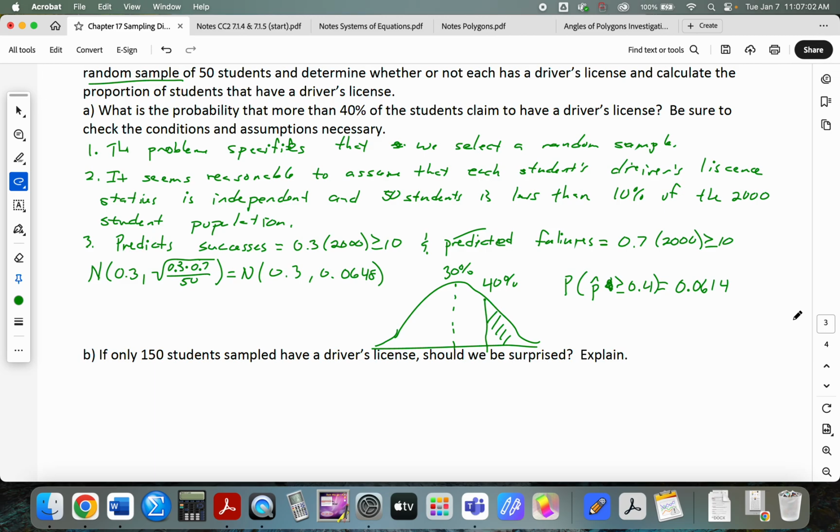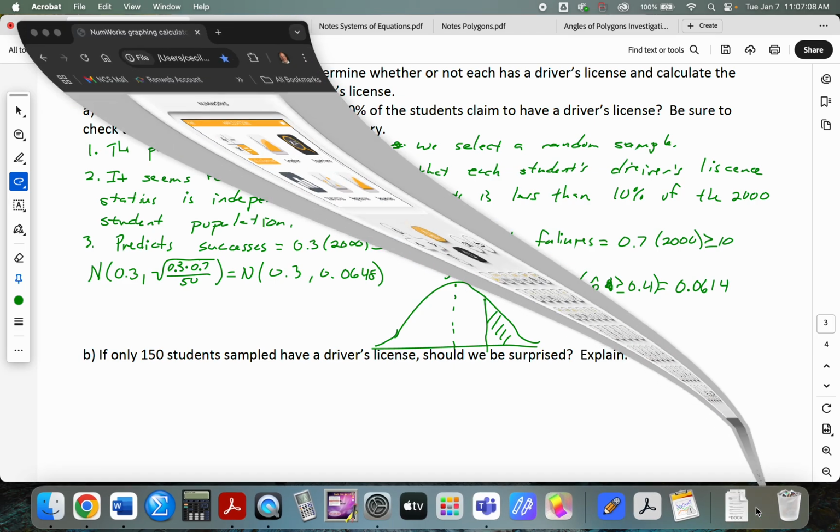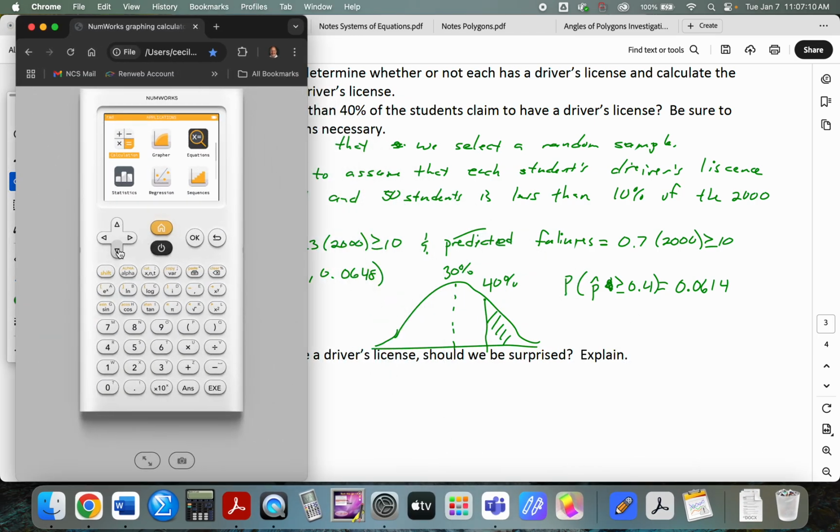How'd you figure that one out? So let me pull, where is it? There it is. So I went to distributions, and I went down to a normal distribution. On the TI, you'd be doing a normal CDF. I told it that the mean was 0.3.